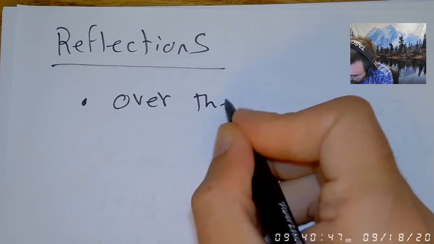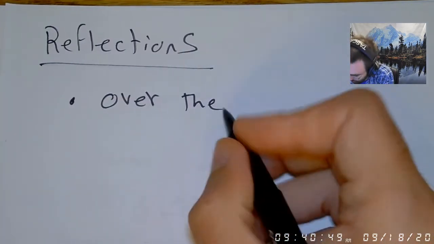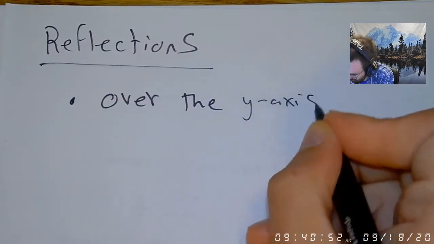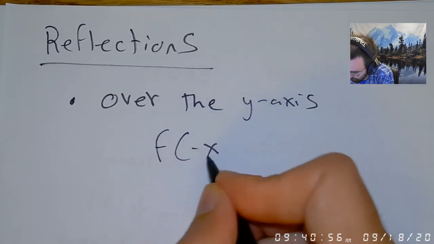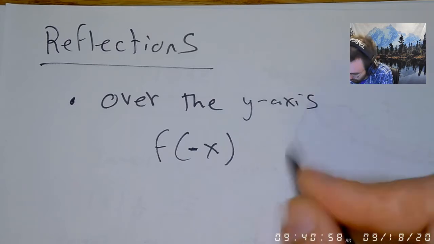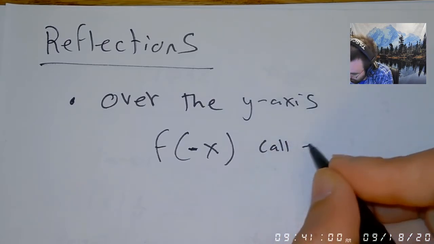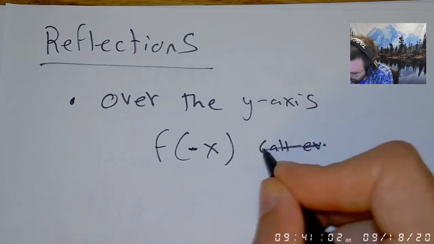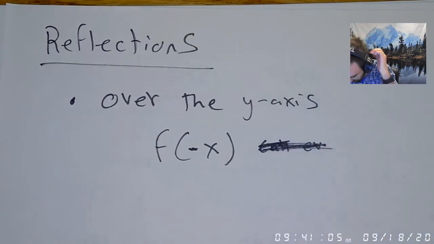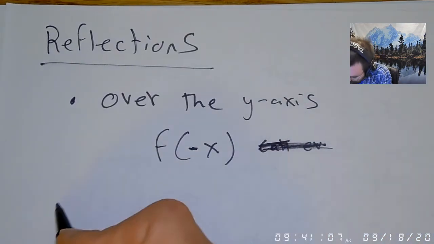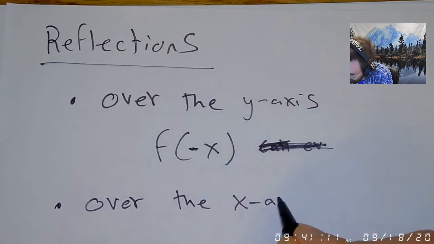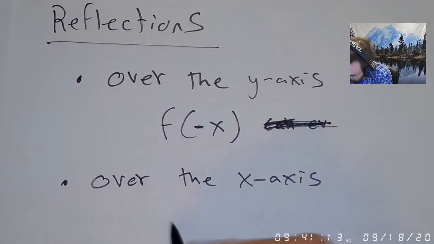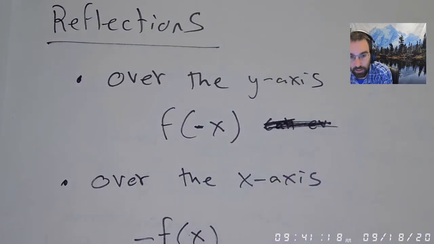Over the y-axis, just remember that's a negative with the input. And then there is over the x-axis, which is a negative on the outside.